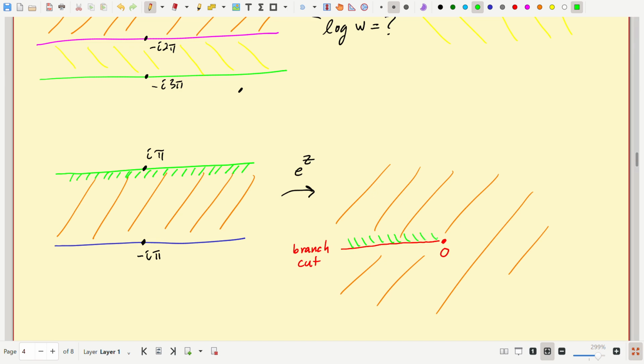And this part of the fan, when I open it up, is heading toward minus pi angle, and so it's going to fill out this part.